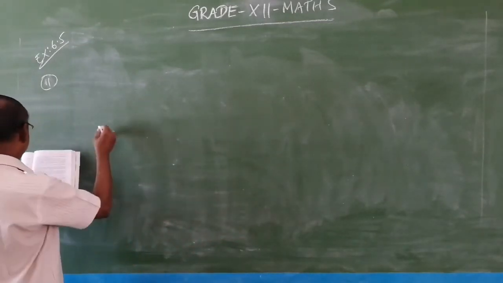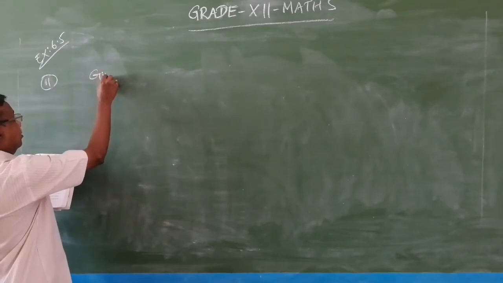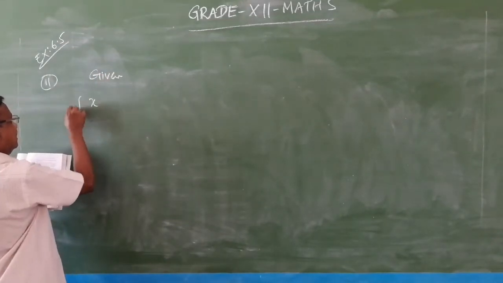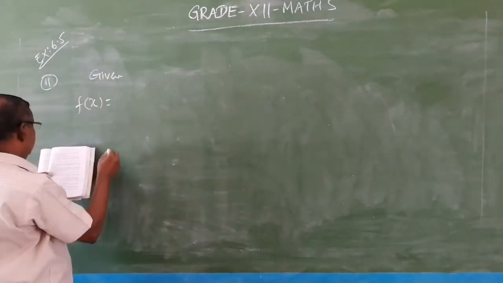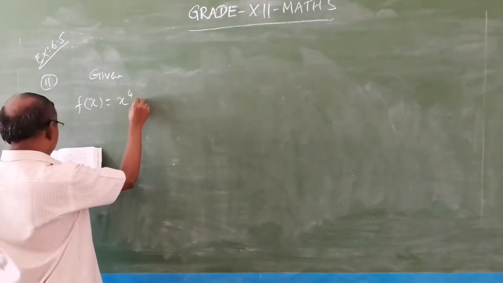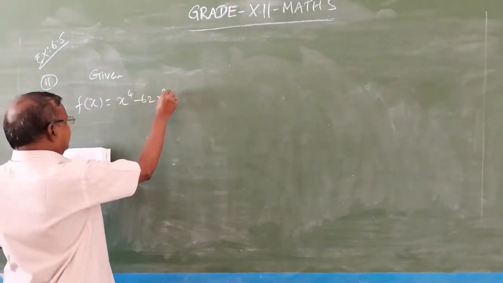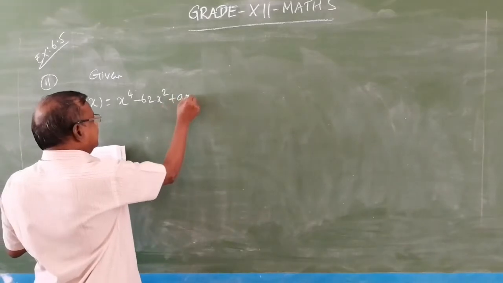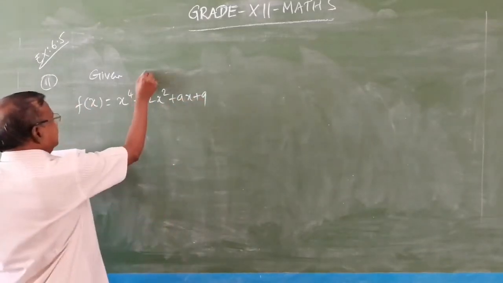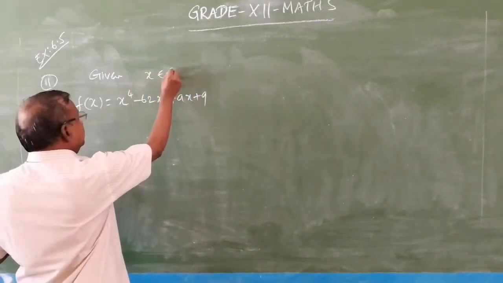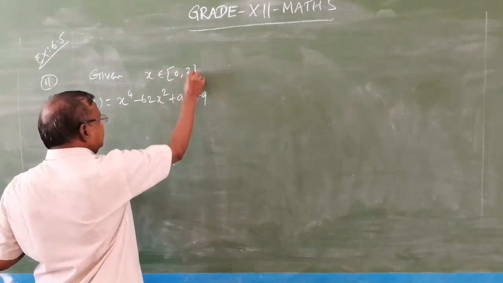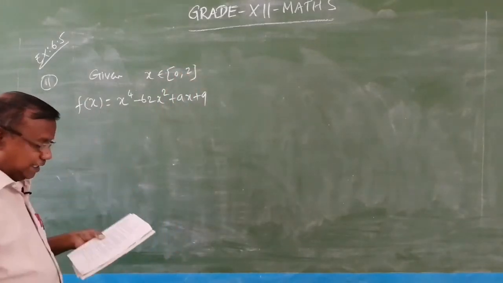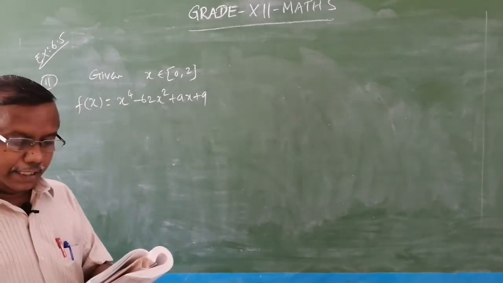We are given f of x equal to x power 4 minus 62x square plus ax plus 9, where x belongs to the interval 0 comma 2. We need to find the value of a when it is maximum.